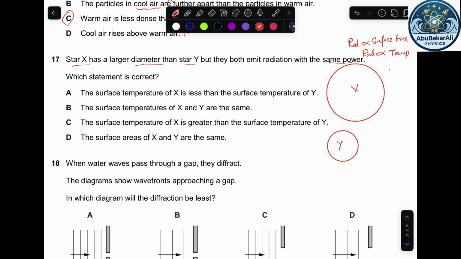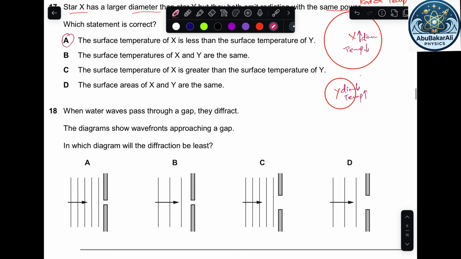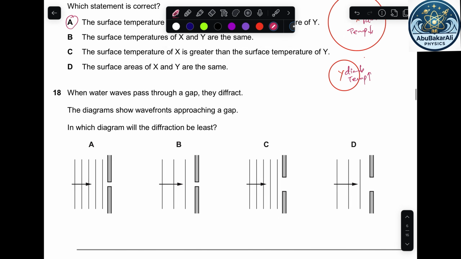So if they both are emitting the same amount of radiation, even if X's diameter is more, its temperature should be less to balance this, because Y's diameter is less, so its temperature should be more. So this will be option A, that is correct. The surface temperature of X is less than Y. That is the reason why even with a bigger diameter, it's emitting the same radiation as Y.